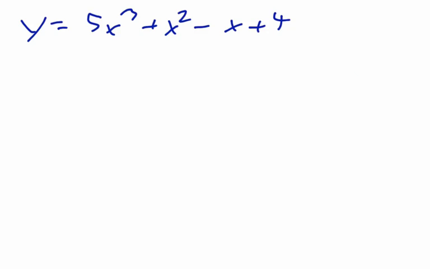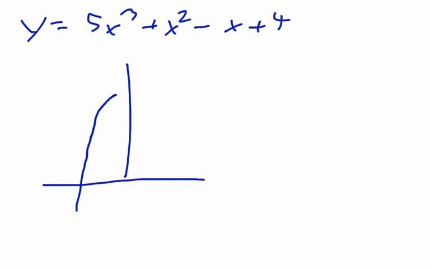Alright, our last graph is y equals 5x cubed plus x squared minus x plus 4. And to get a better look, I kind of zoomed in on a section, and it sort of looks like this.